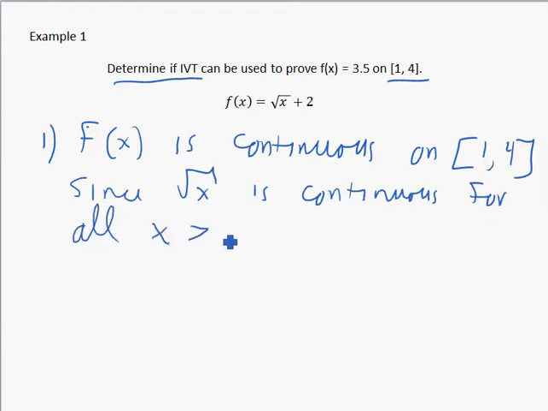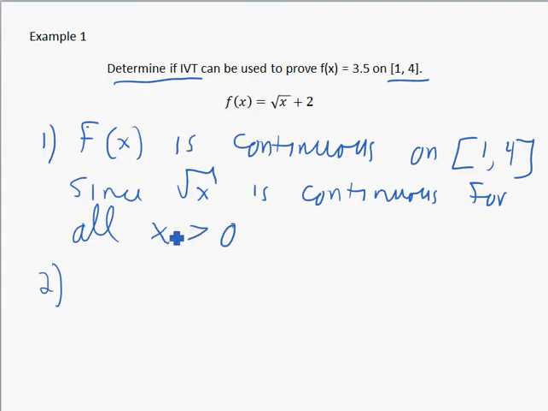You can plug in 0, but it's not continuous at 0 because it stops at 0, so there's no left side to it. So the first condition's met. Since it's continuous for anything greater than 0, it must be continuous from 1 to 4.